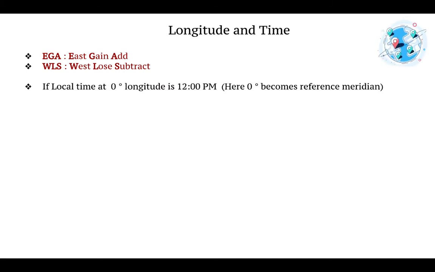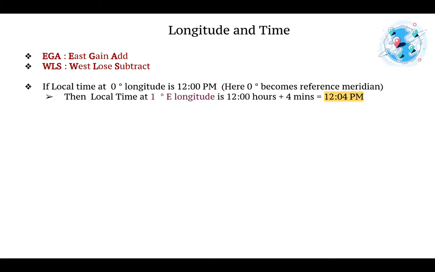Take the reference longitude as 0 degree longitude, 0 degree meridian, which is Greenwich. Consider the local time at 0 degree is 12 p.m., and hence 0 degree becomes the reference meridian for this calculation. If you want to find out the local time at 1 degree eastern longitude, which lies east of it because it has direction E, what would be the time there?